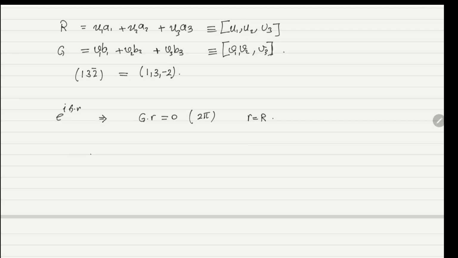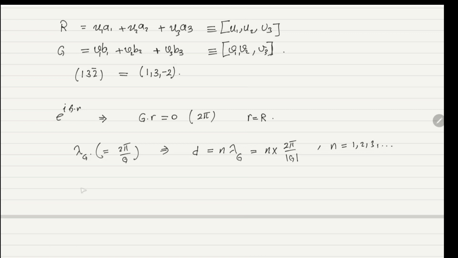This means that the spacing of the lattice planes must be an integer multiple of wavelength lambda G. In this case, lambda G equal to 2 pi over G, and therefore d equal to n lambda G, in such a way that n times lambda G is equal to 2 pi over G, n equal to 1, 2, 3, etc.